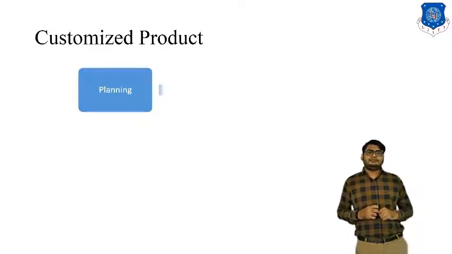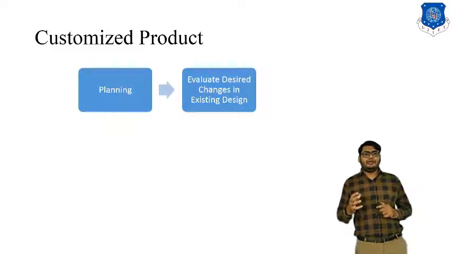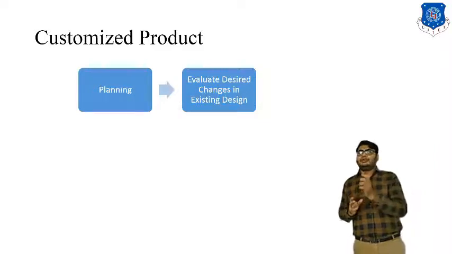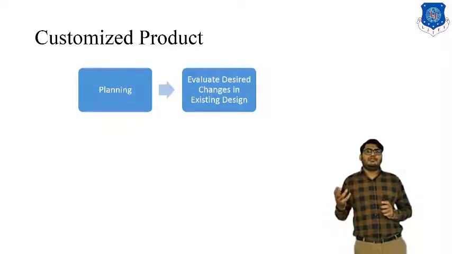After the planning, what we'll do is we'll go for evaluation of desired changes, because customized products will normally have some product base, and customer will say that I want to make certain changes in these products. So we'll evaluate if those changes are feasible or not, or do we have to make some extra arrangement to make sure that those changes are done.